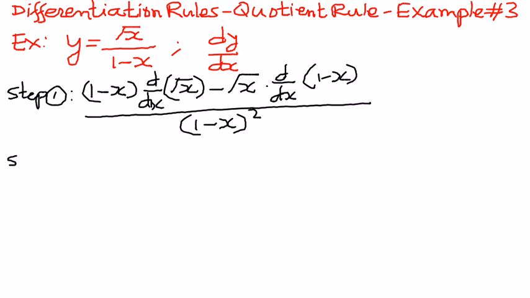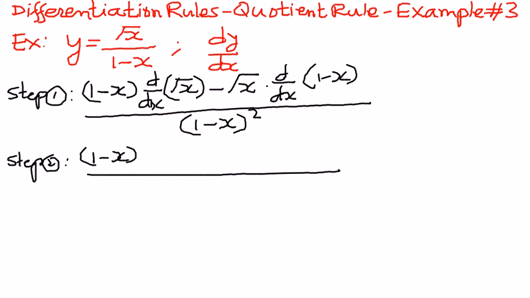In step number 2, we're going to differentiate the numerator function and the denominator function. So I can write square root of x as x to the power of half, and therefore the derivative d by dx of x to the power of half is going to be 1 half x to the power of half minus 1.